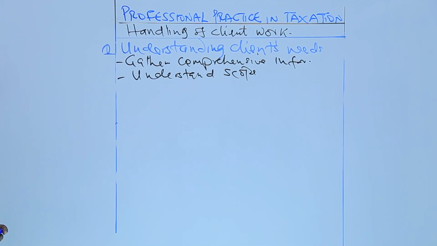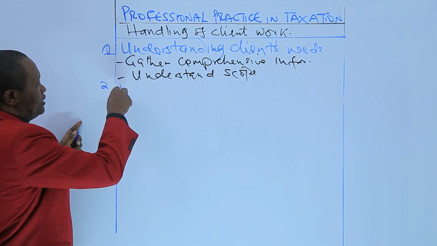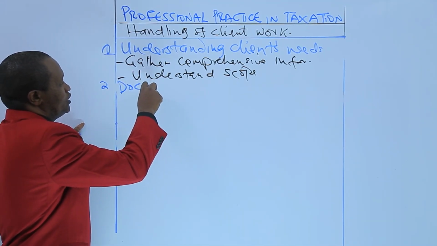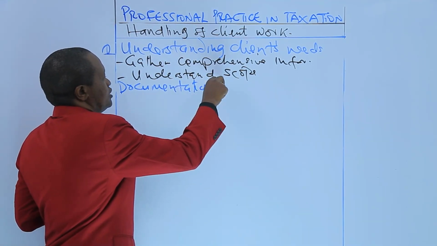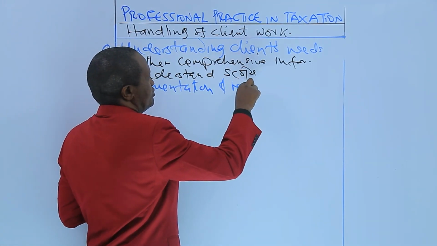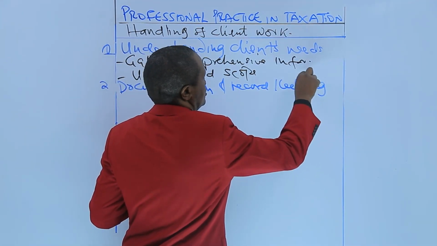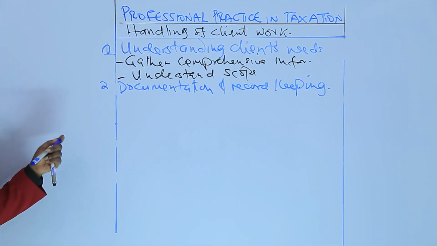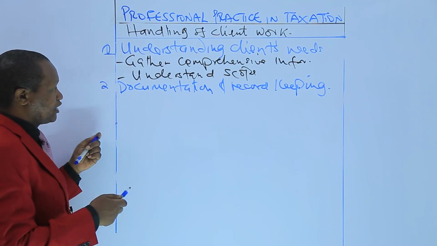Number two is documentation and record keeping. One way to handle clients' work is through documentation and record keeping. Maintain organized and detailed records.